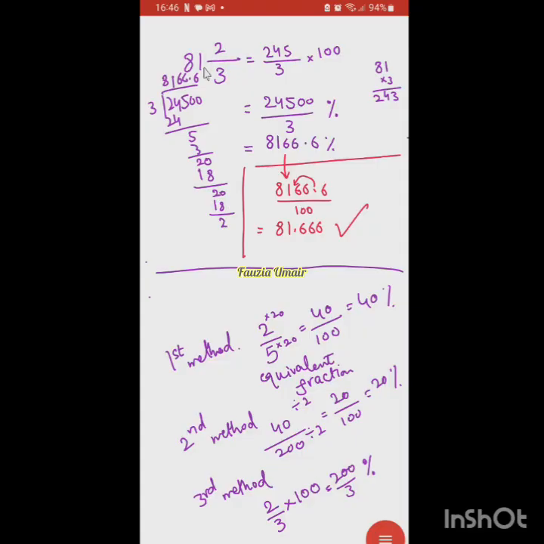The same question. If you divide 2 by 3 and convert it into decimal, you get 81.6. This is a recurring decimal. 6 will repeat itself. So this answer is same as this one, right? So you can always recheck your answer. Is it clear? Because this is a very big number. Usually we deal with the percentages up till 100.